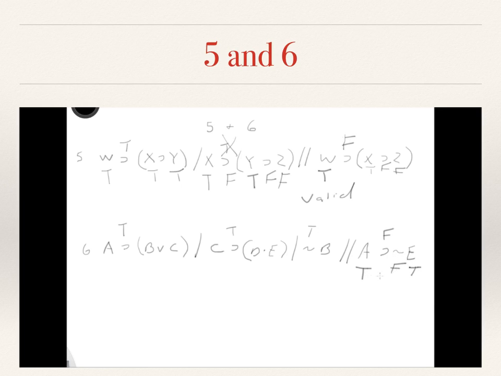So then true implies false becomes false. So now we have the truth values for A and E. E is true, and A is true. B, if it's going to end up being true, has to start off false, right? Because then it gets negated to become true. So we now have a truth value for B, which is false.